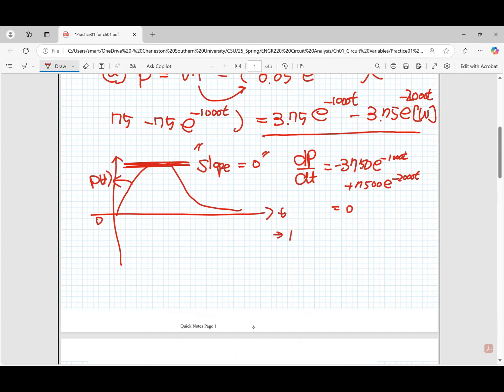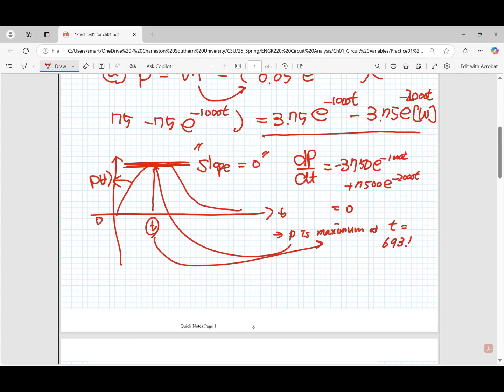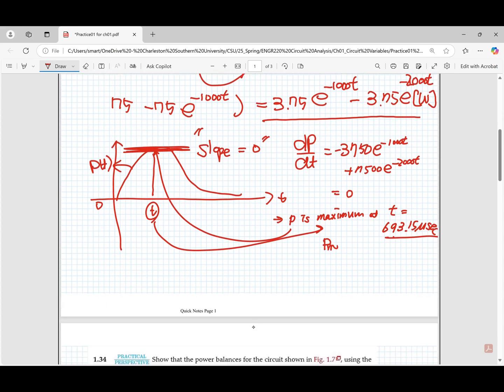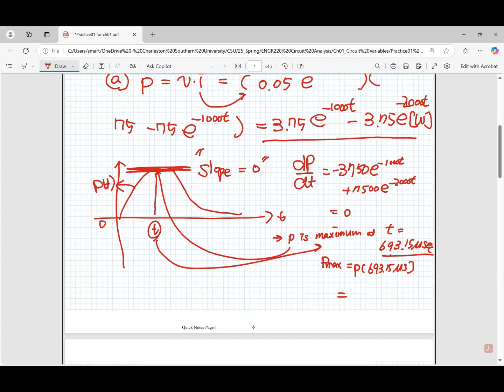Finally, p is max at some point t right there. Maximum at t equals 693.15 microseconds. So the p max value is p of 693.15 microseconds. So we know the p function.